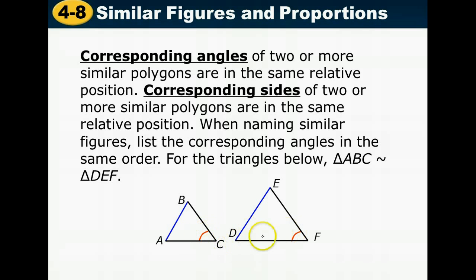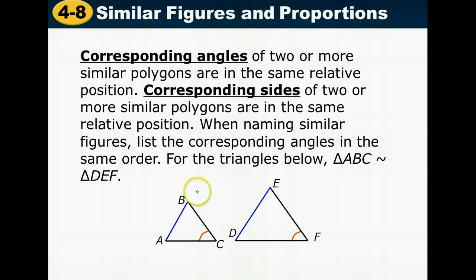They are relative in position. So C right here corresponds to angle F. Again, they are in the same position. And you can have angle B right here correspond to angle E, and angle A over here will correspond to angle D.